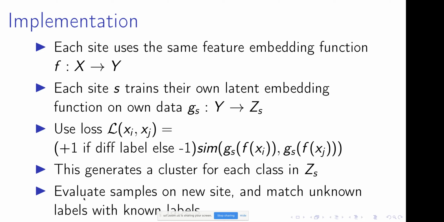Finally, once we have these latent embedding functions G, you evaluate on a new site, and you want to try and match the unknown labels with known labels.